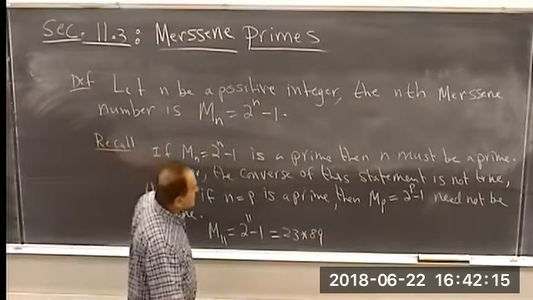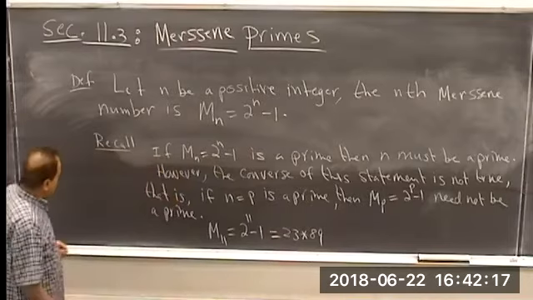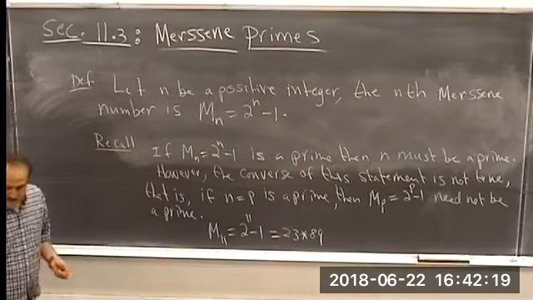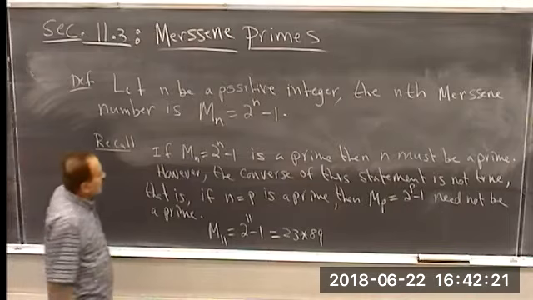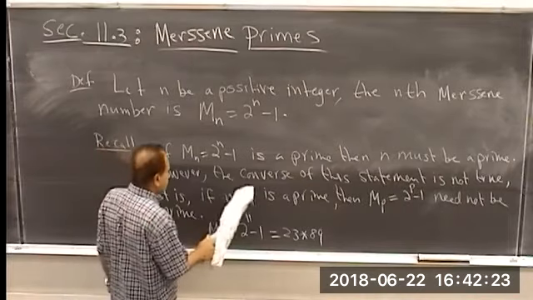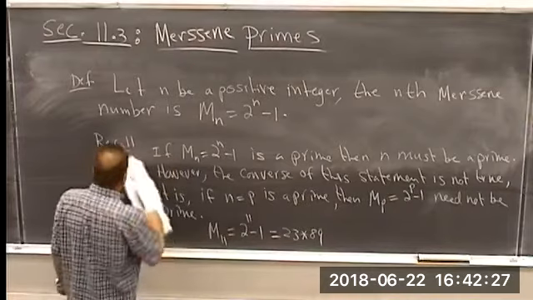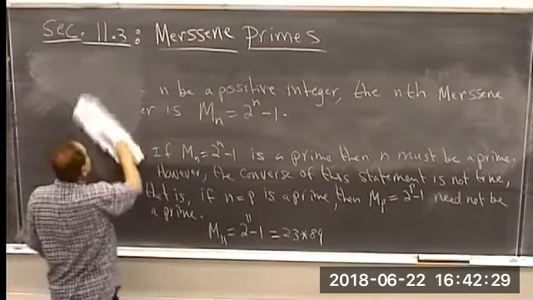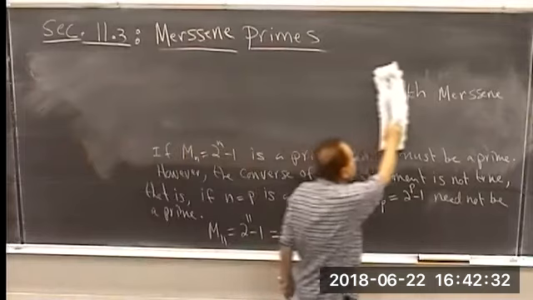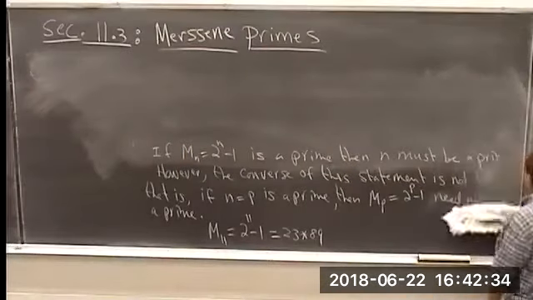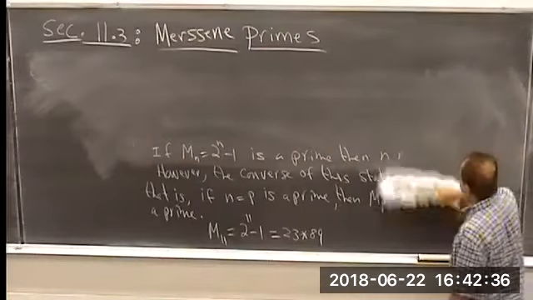All right. So for this reason, the way we're going to define a Mersenne prime is a number that is, first of all, of this form where the exponent needs to be a prime, and the number itself is a prime.